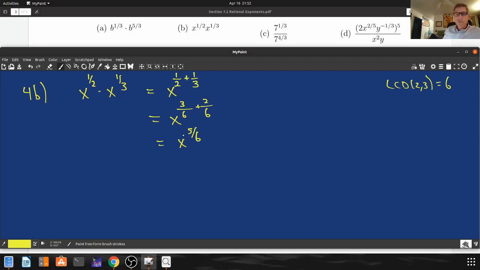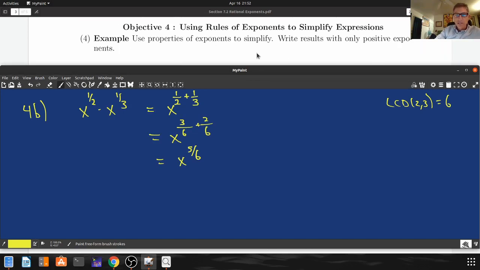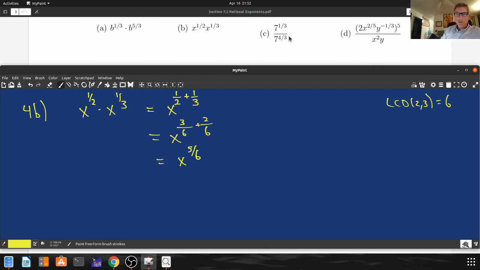And they want you to write it with positive exponents. So you just kind of have to read the instructions, and it says write results with only positive exponents. If you're tempted to say, oh, that's the 6th root of x to the 5th, this is indeed correct, but they want it written in exponent form, so we simply stop right here.